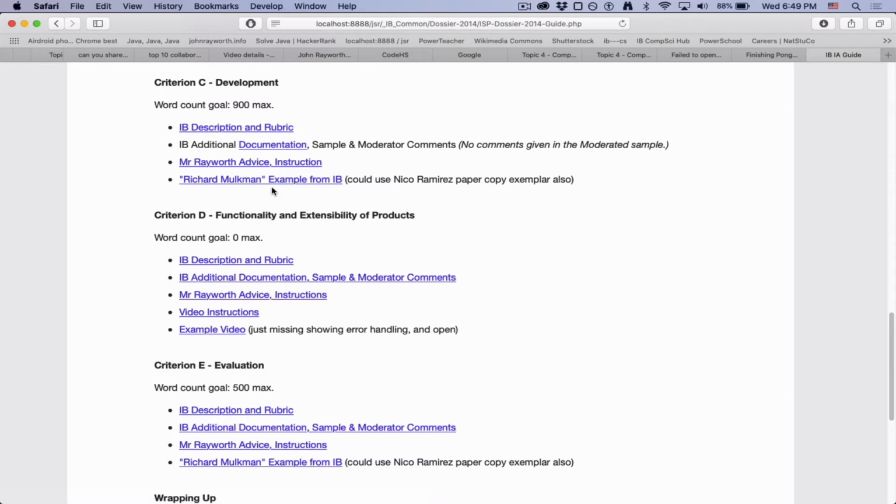They are showing me and showing the moderator that you've got the good grade that I'm going to give you. Okay, this is you defending what you did in developing, and this is you showing that it works to one degree or another.